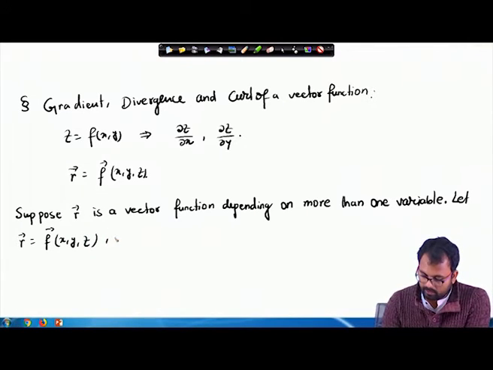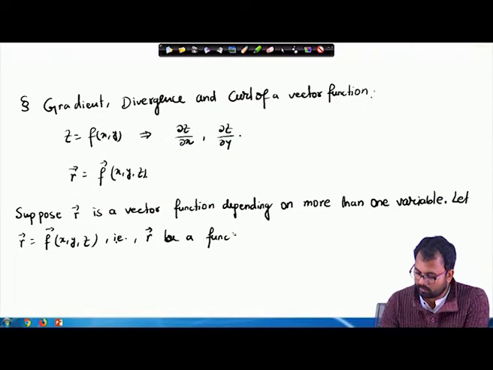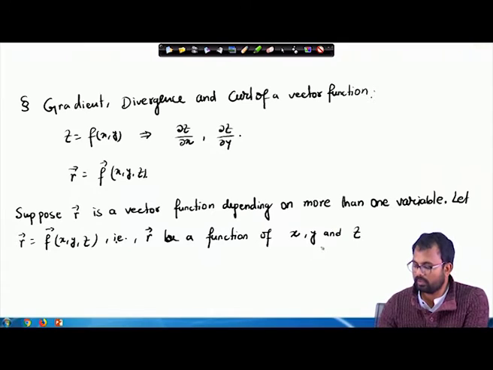That is, r is a vector function of three scalar variables x, y and z.